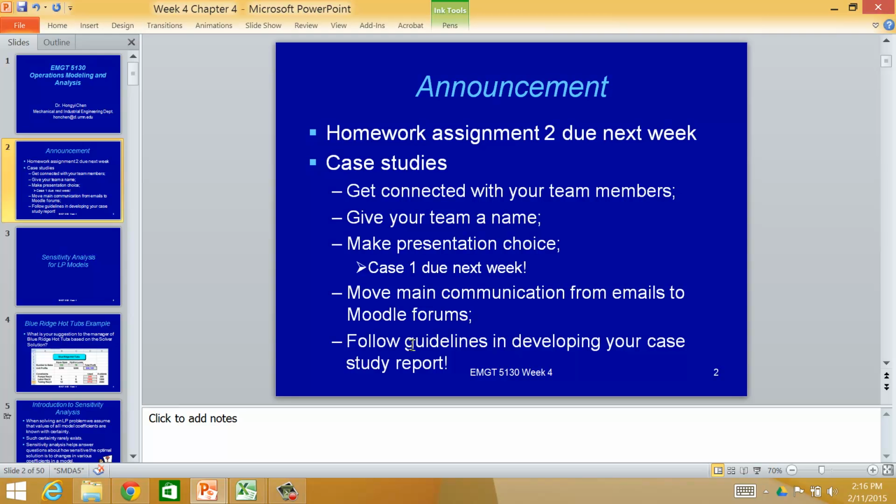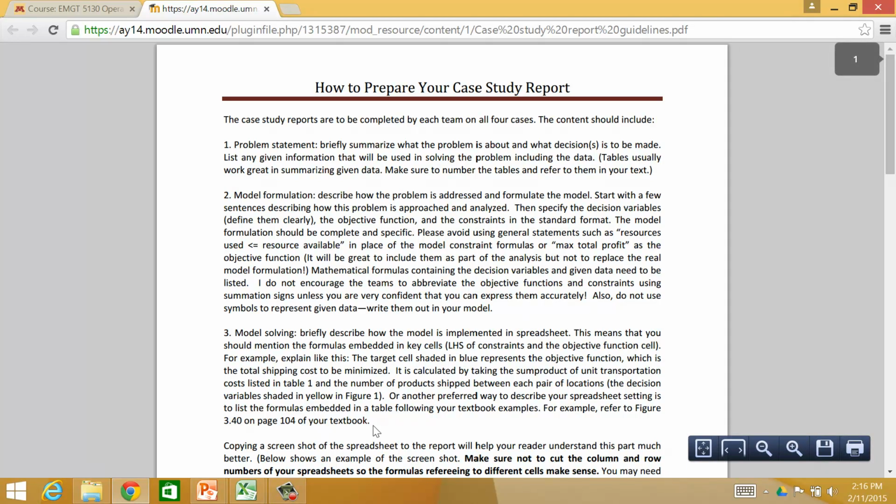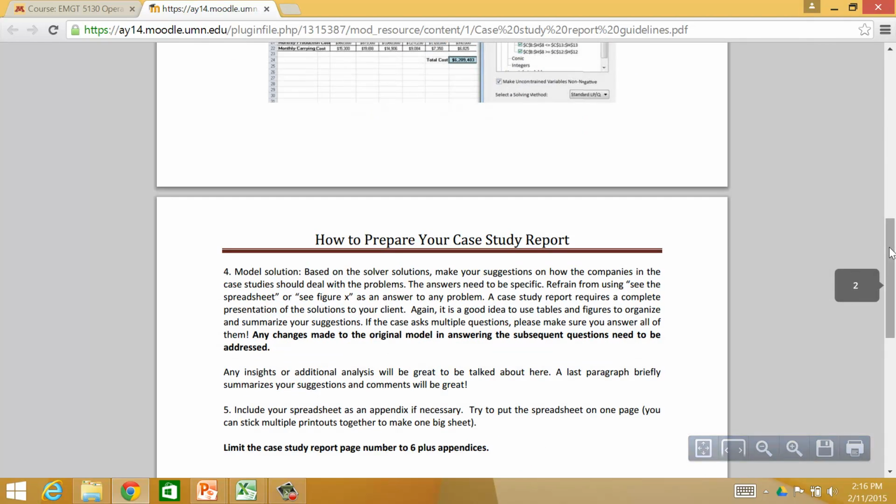And follow the guidelines in developing your case study report. Again, that's in the report. And I got one example case study report from one of my previous students. I just got it this afternoon, and I'll upload it here. But make sure you check this report guideline, which I put very clearly: things you should do and things you should not do.